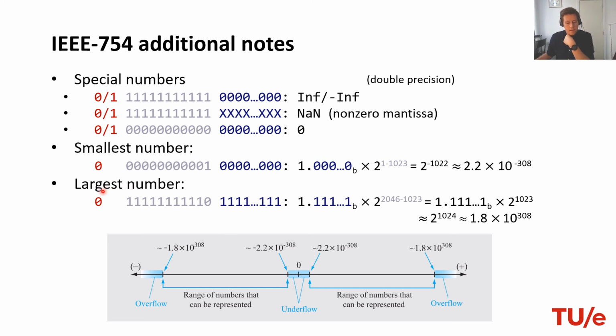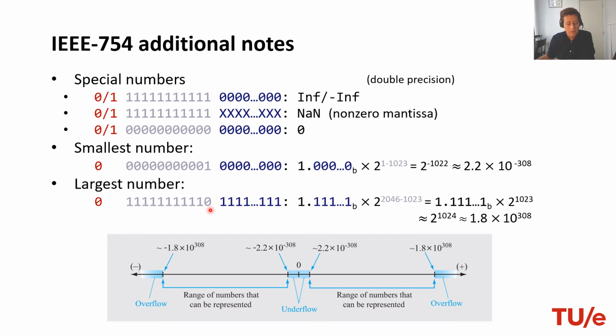Similarly, we can take a look at the largest number. For the largest number, we take the largest admissible exponent, which does not correspond to one of these special numbers for infinity or for NaN, not a number. And that would be 1, 1, 1, 1, etc., and then with 1 trailing 0.